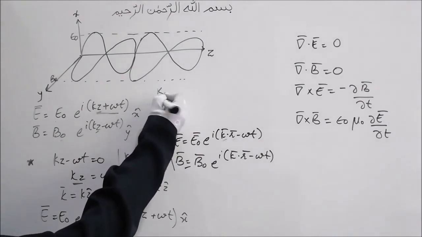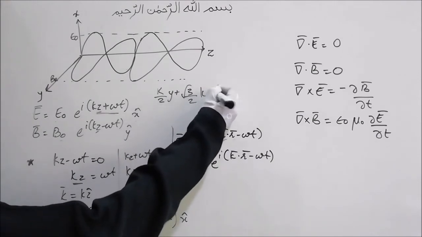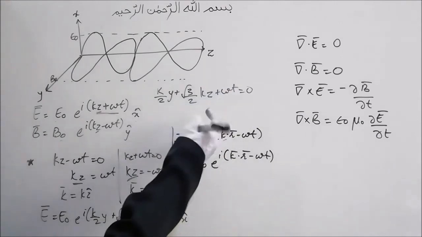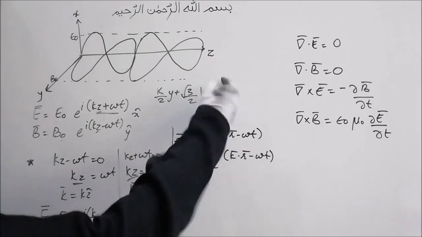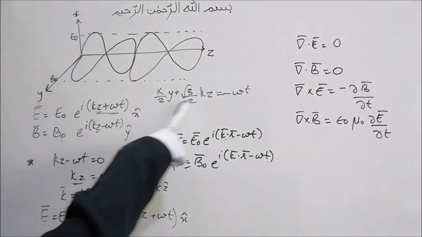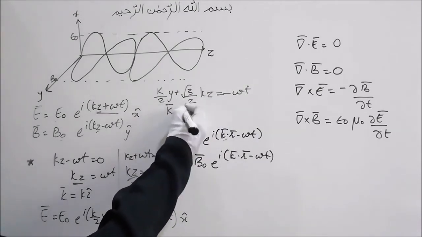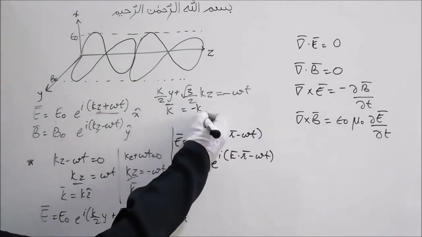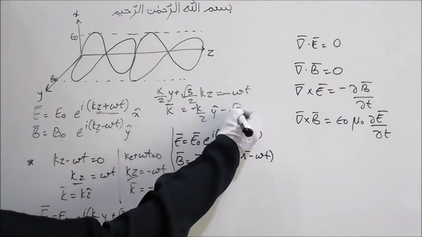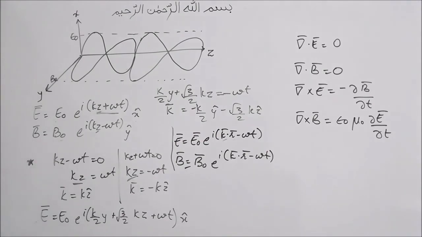So we have k by 2 y plus root 3 by 2 kz plus omega t equal to 0. Omega t goes on that side, and we will have this equal to minus omega t. Now you can see this value is some negative omega t, therefore the wave vector k will be equal to minus k by 2 y hat minus root 3 by 2 k z hat. I hope that's clear.